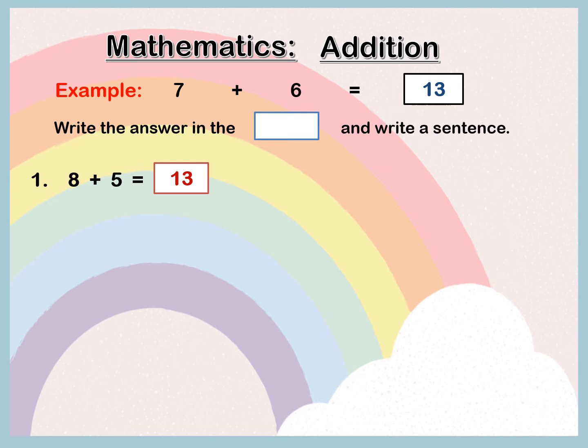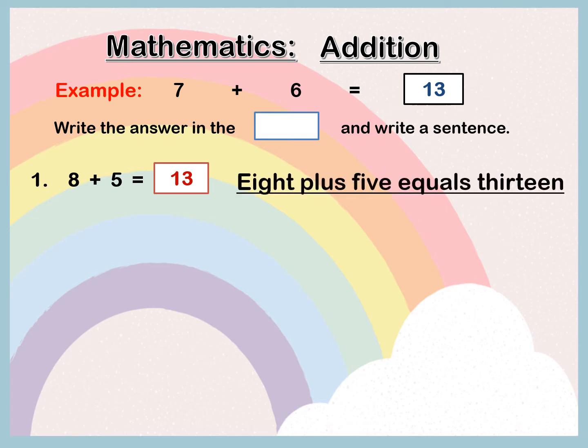So this is how you make a sentence. So we have 8 as a word, E-I-G-H-T, plus, which is the plus symbol, P-L-U-S, 5, F-I-V-E, equals, E-Q-U-A-L-S, 13, T-H-I-R-T-E-E-N.